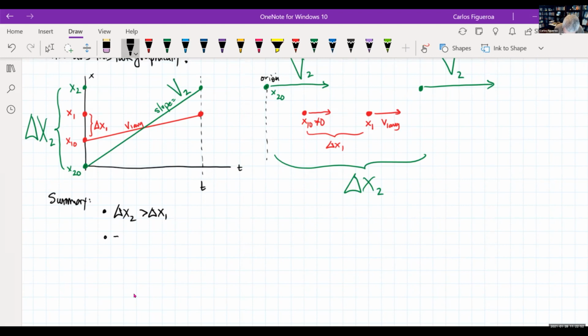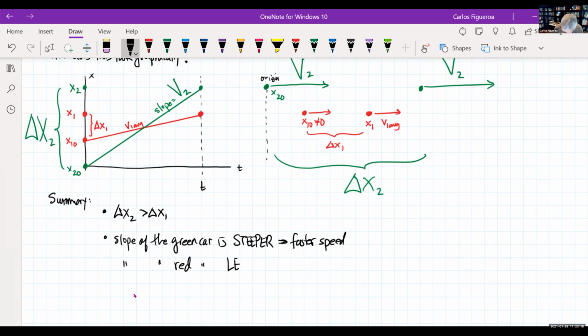Another thing here is that the slope of the green car is steeper. And it's the steeper slope that tells me that I have a faster speed. On the other hand, the slope of the red car is less steep, which then tells me that it must be a slower speed.